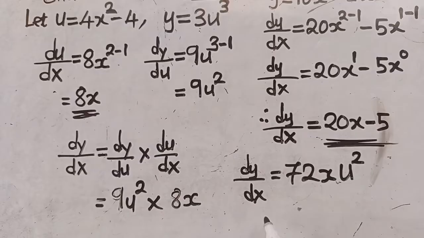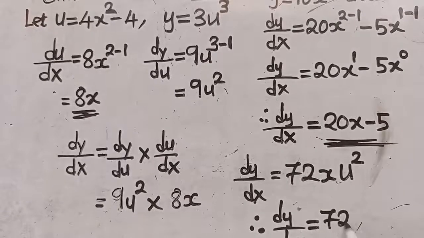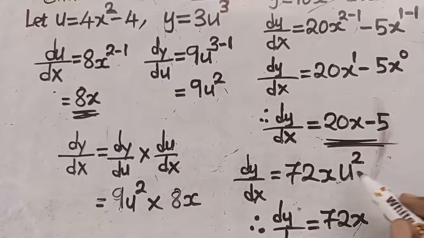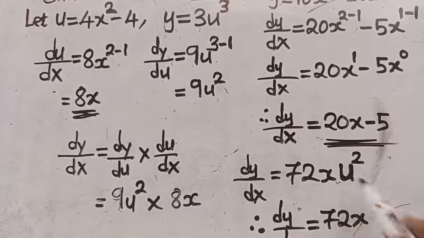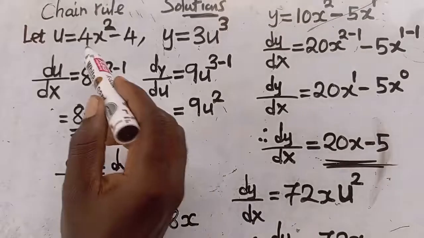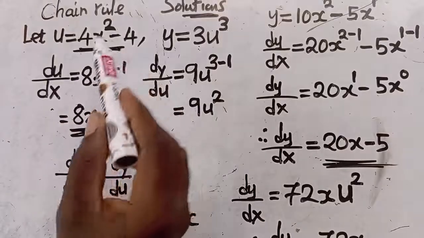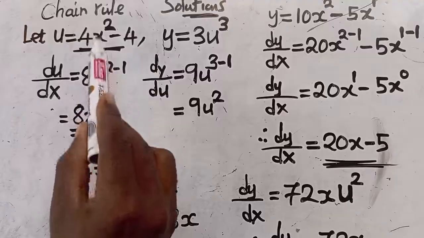It is at this point now where you say, therefore, dy/dx is equal to 72x. You know what y is. What is u? You know what u is. What is the value for u? The value for u, at first when we started answering this, we said u is equal to what? u is equal to that expression that is there. u is equal to 4x squared minus 4.